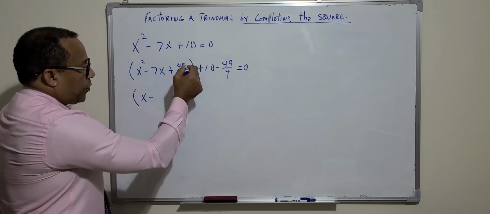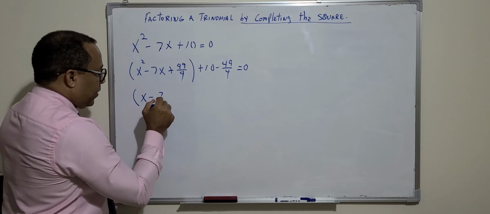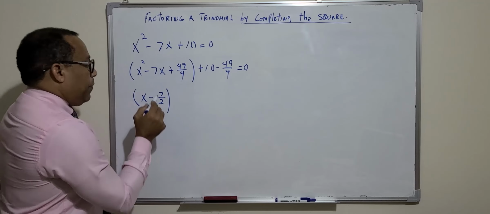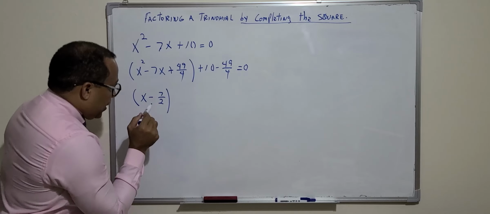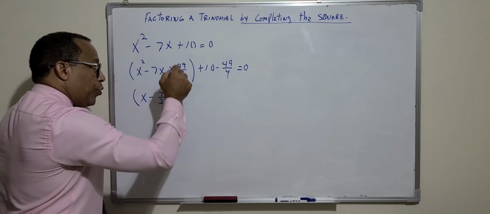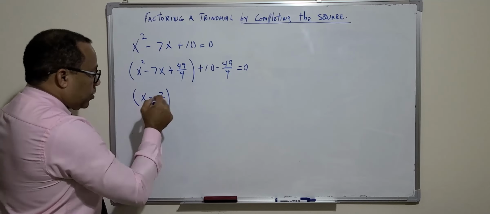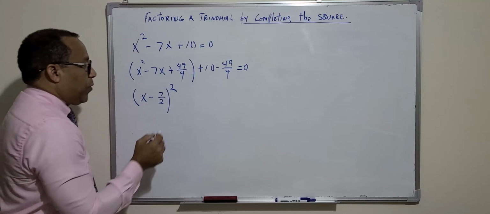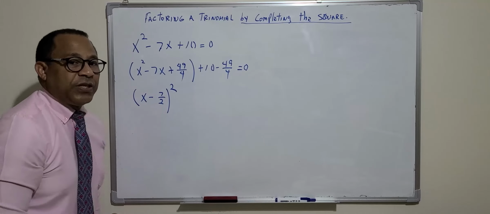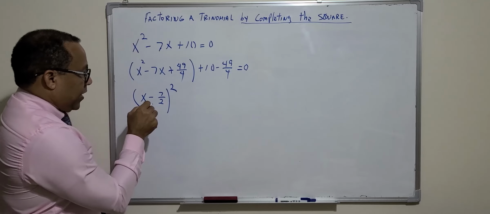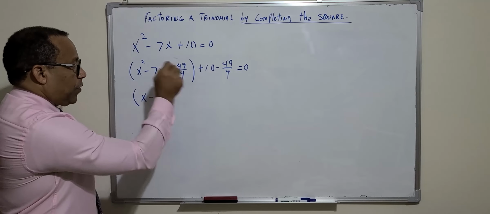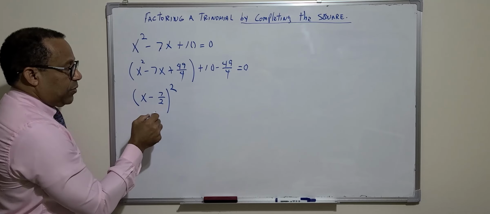The square root of 49 over 4 is 7 over 2, because 7 times 7 is 49 and 2 times 2 is 4. So the square root of 49/4 is 7 over 2. Once you close the parenthesis, to the second power. This trinomial has already been factored. Here is the factoring of this trinomial, because it's a perfect square trinomial, and this is the way we factor it.